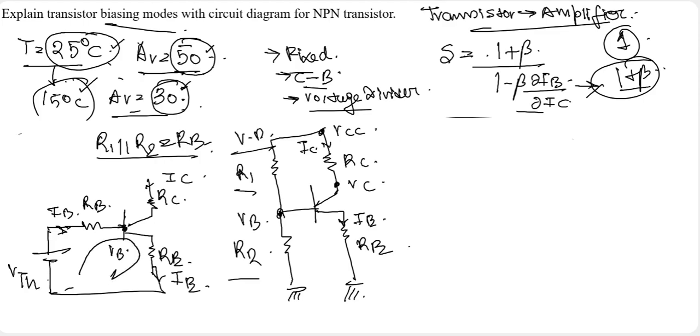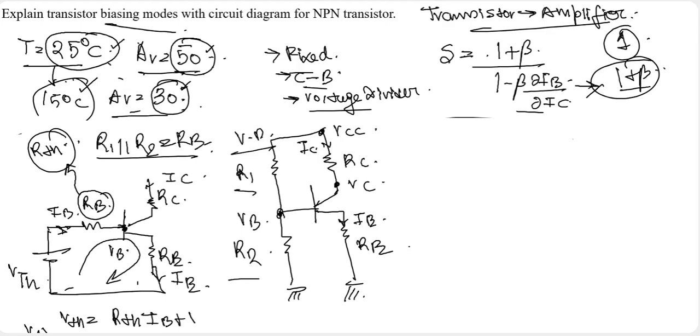So if we apply KVL in this particular loop, we will be getting V of Thevenin is equal to R of Thevenin. We are representing this base voltage as Thevenin voltage, R of Thevenin into IB plus VBE plus IE into RE.